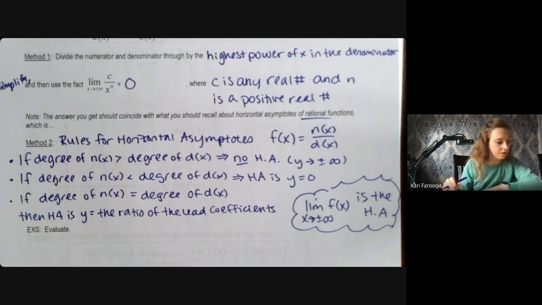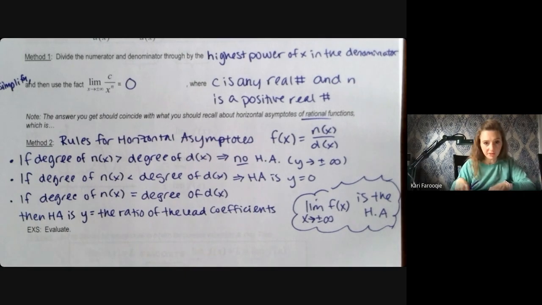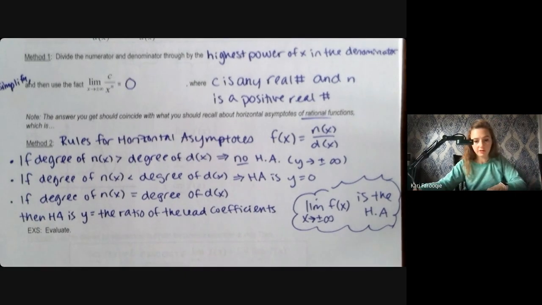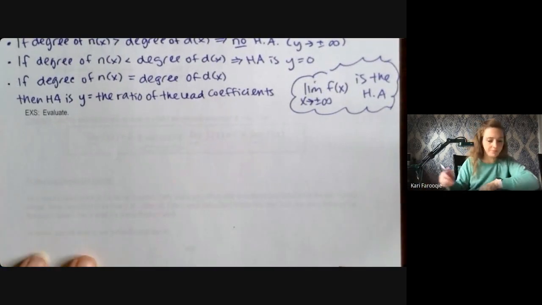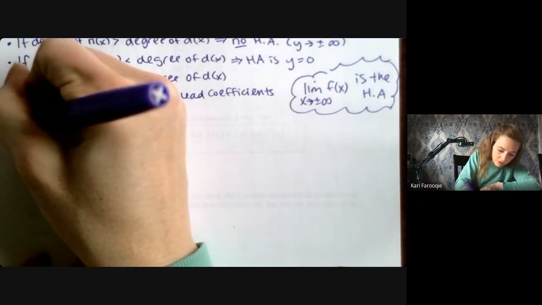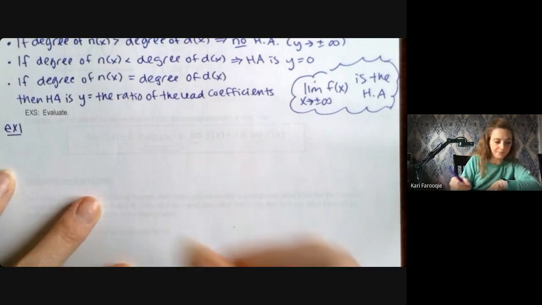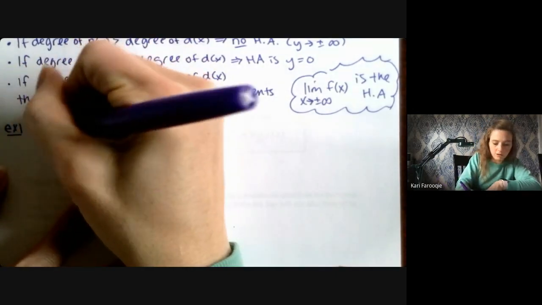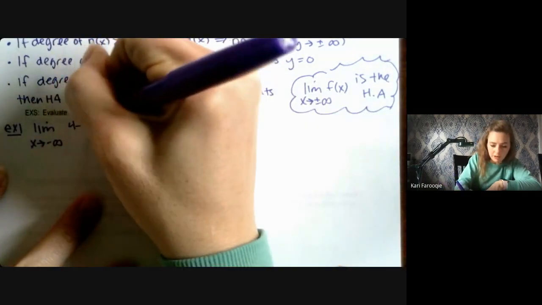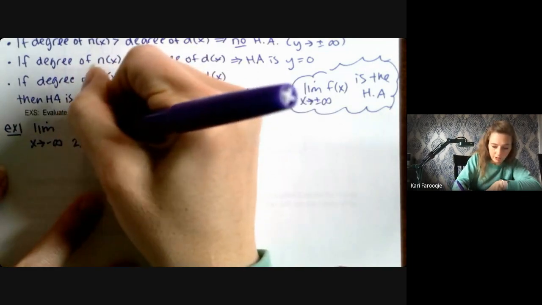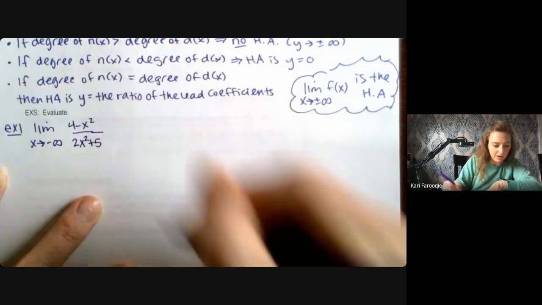All right, so I'm going to fit 2 examples on this page just so you have an idea of what sort of spacing situation we're dealing with. Example 1. So this will be the limit as x approaches negative infinity of 4 minus x squared divided by 2x squared plus 5.